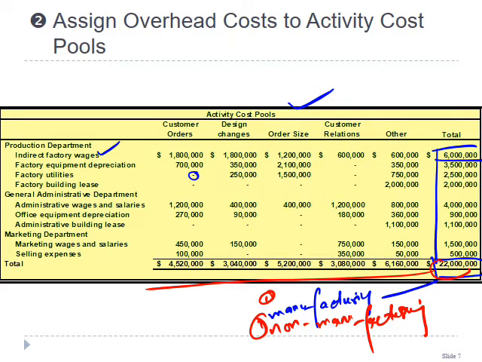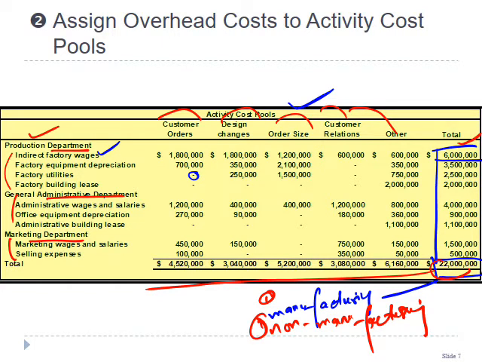That is, we interview the employees, production department, administrative department, marketing department, and we find out how much these costs belong to our 5 categories, and we just put the values here.